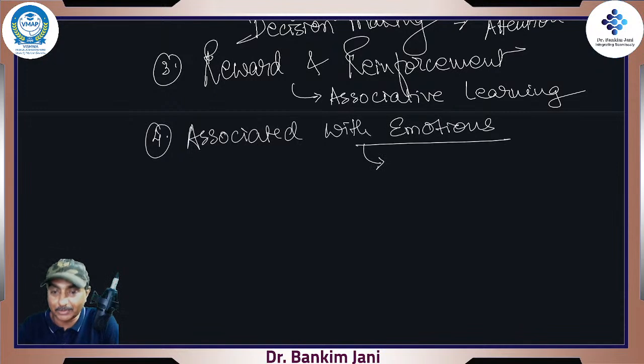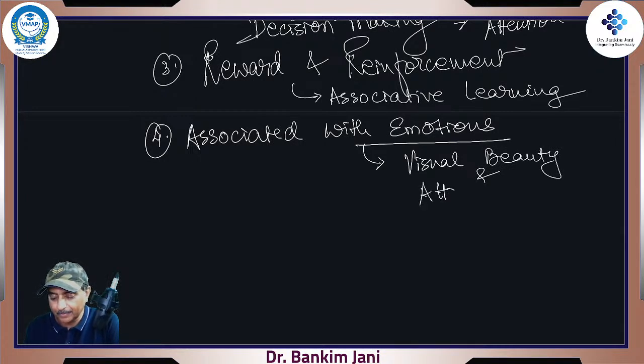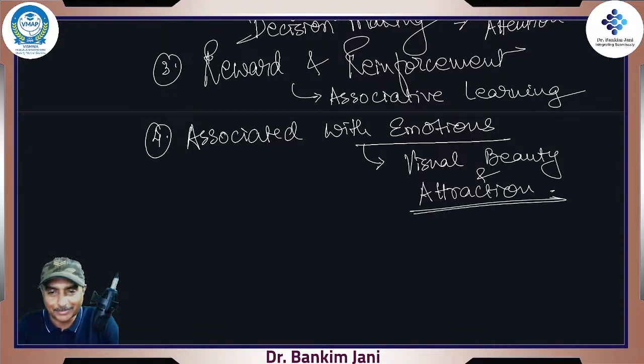These are the emotions which are linked with, say, visual beauty and attraction. So all these physiological phenomena are thanks to this caudate nucleus, so that we keep on making the hearts like this. Yes, this is because of this caudate nucleus.